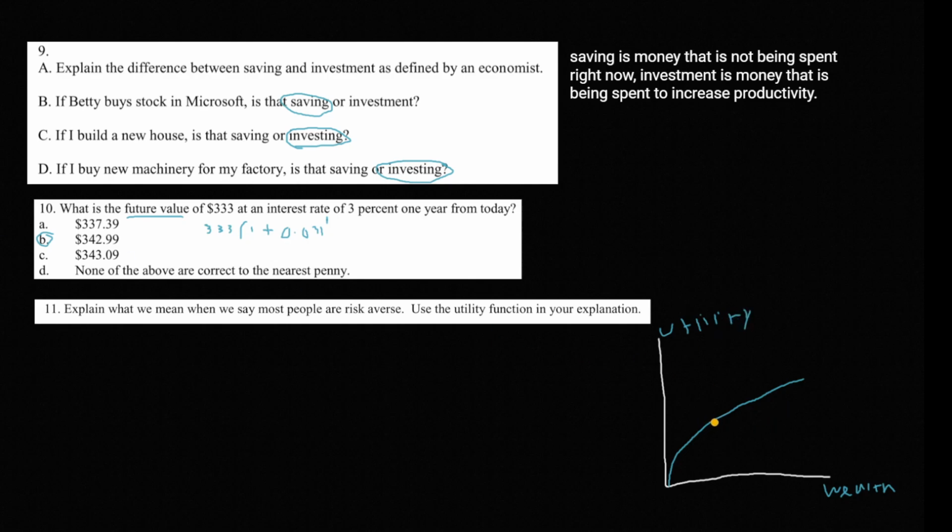So at any given point, we have some wealth and utility, and increasing our wealth will increase our utility, but not as much. Let's go about the same distance, about three quarters of a finger, so it's like here.